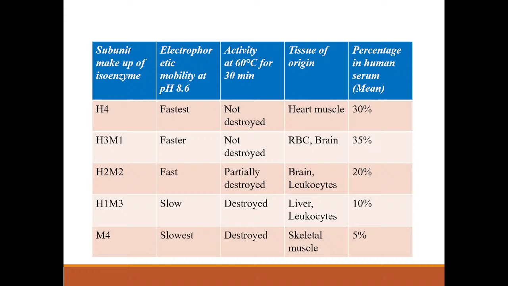So, which proportion is more? Where it is present? Next is heart, but in heart it is there 30%. Yes. So, RBC and brain, the problem is what? It may be present both in brain and RBC.